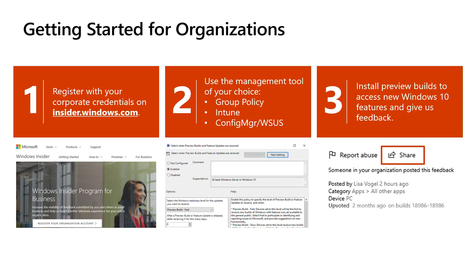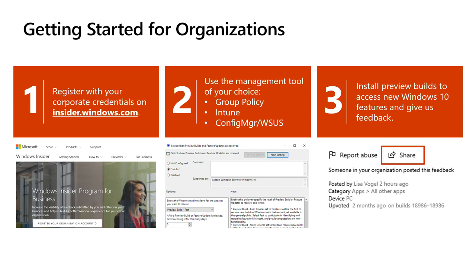Well, we have some demos and instructions for all of you because as of September 24th this year, all of you can use whatever of those management tools I just listed to manage pre-release feature updates for Windows. Thank you. I appreciate that. It was hard. And then you can give feedback on it directly to Microsoft, and you can see the feedback that people in your organization have posted in the Feedback Hub. So how do you do this? These are the 3 easy steps.